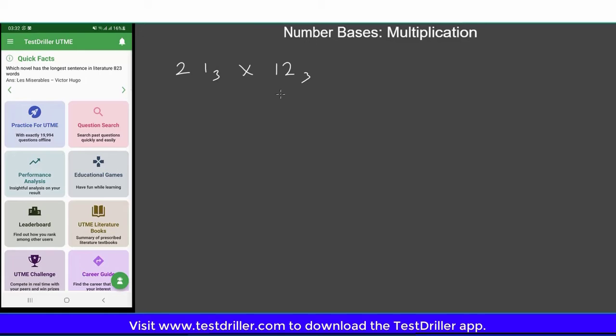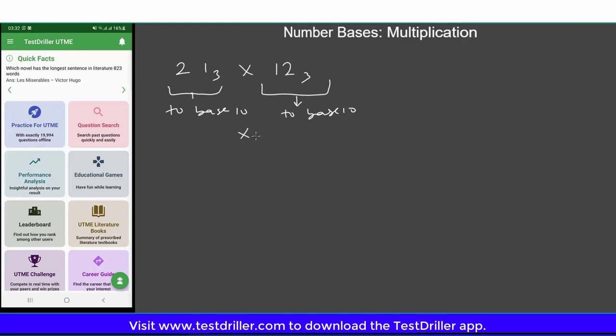But one way is to convert each of them to base 10. Convert this to a number in base 10, then multiply them in the conventional way.